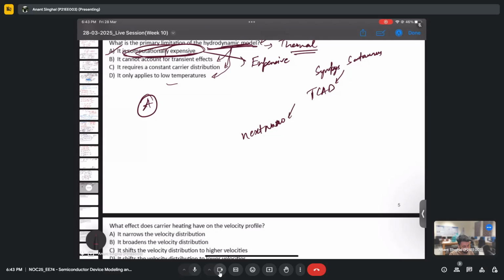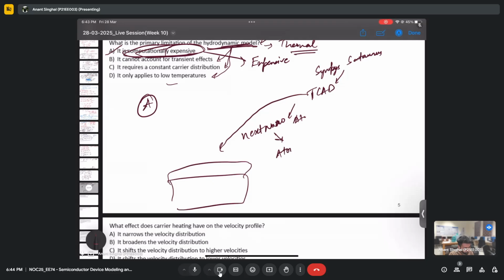NextNano is kind of a newer tool and it works on the atomic level. In TCAD, there is some material, we make a box, and we make something on top of it. But in NextNano, we have atomic level deposition. We take atoms of silicon, and deposit more atoms of silicon over that. So that is why it is very complex.